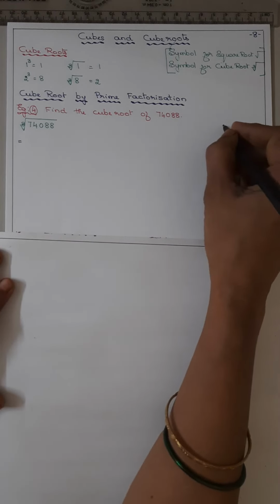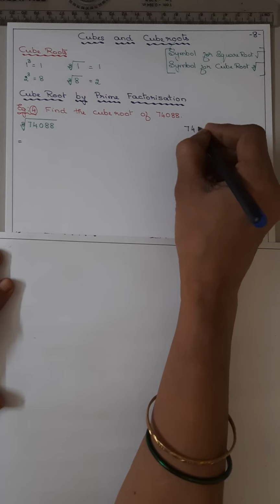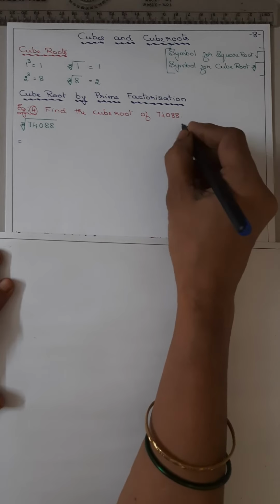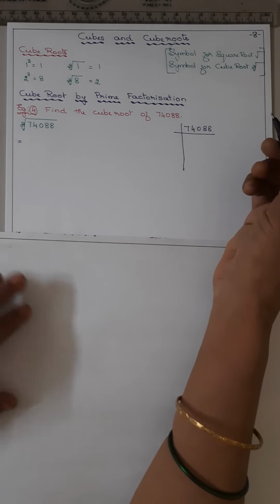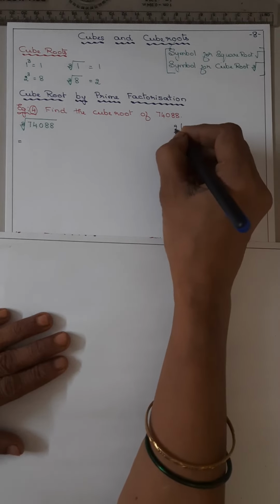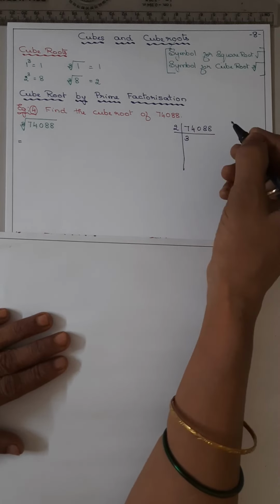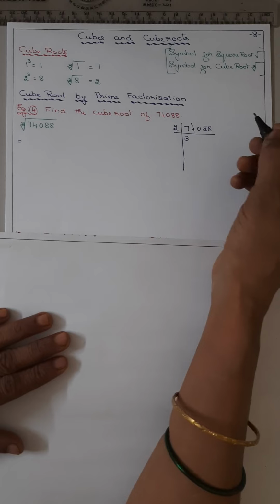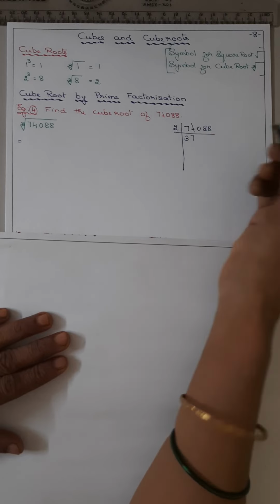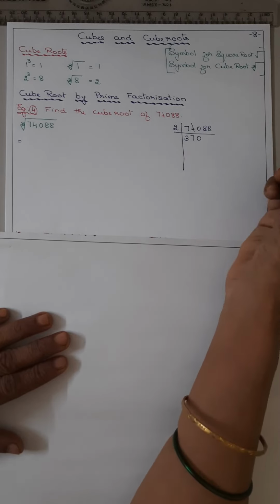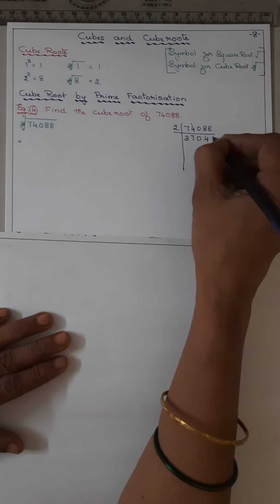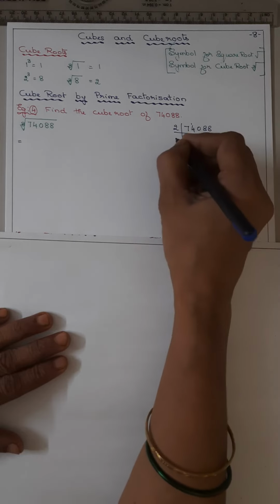Now find out the prime factorization. Start with 2. 2 3s are 6, 1 remains. 2 7s are 14, 0 as it is. 2 4s are 8, 2 4s are 8.